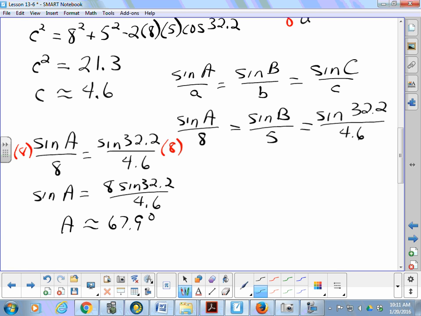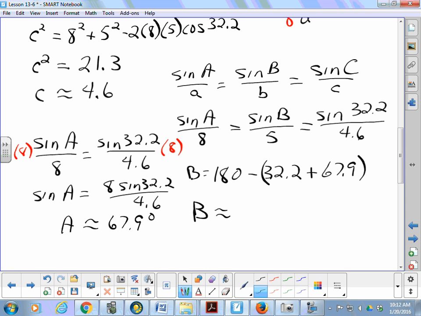So we can do the same thing to find angle B, or we can just do 180 minus the quantity of 32.2 plus 67.9. All right, so 180 minus the other two angles added together. And that's still going to be approximate because we're using those decimals there.